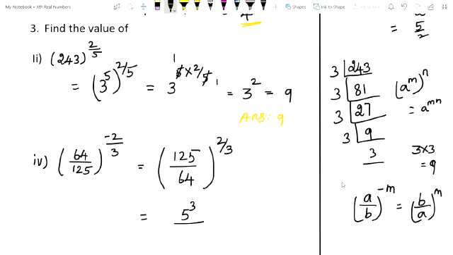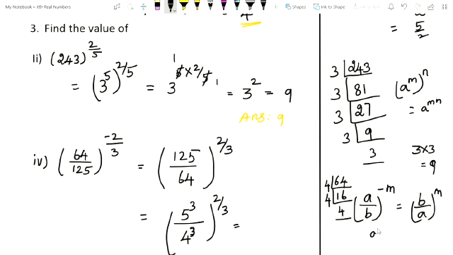So take the number 64. 4 ones are 4, remaining 2, 4. 6 fours are 24. And divide by 4, 4. So now how many 4s are there? 3 4s. So 4 cube whole power 2 by 3. And how can you write this? Here power 3, 3.